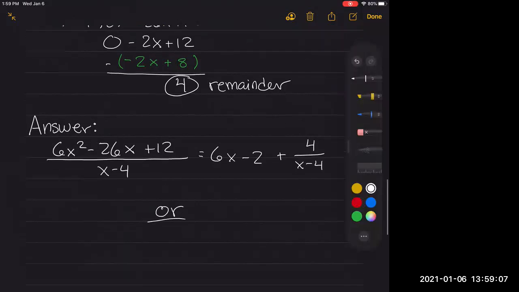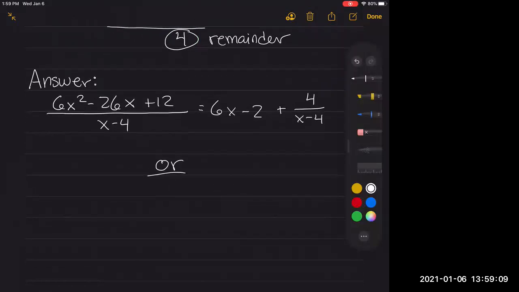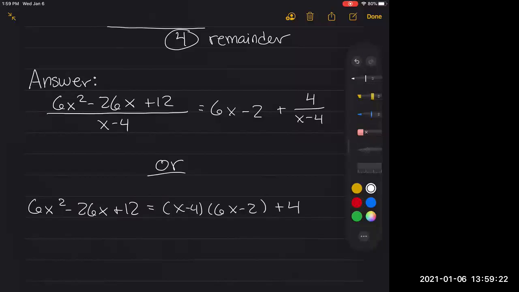Or, because we have that other version too, 6x squared minus 26x plus 12 equals x minus 4 times 6x minus 2, plus 4, where this is our D, this is our Q, and this is our R.